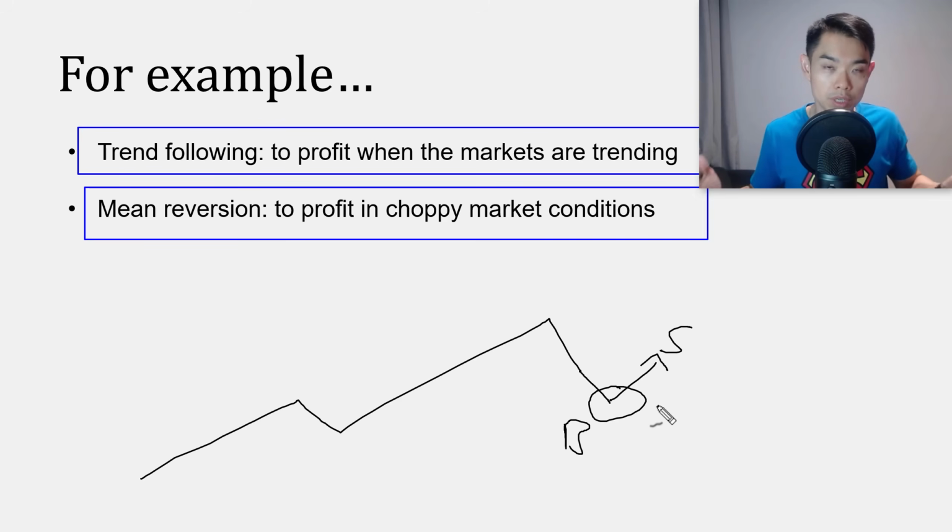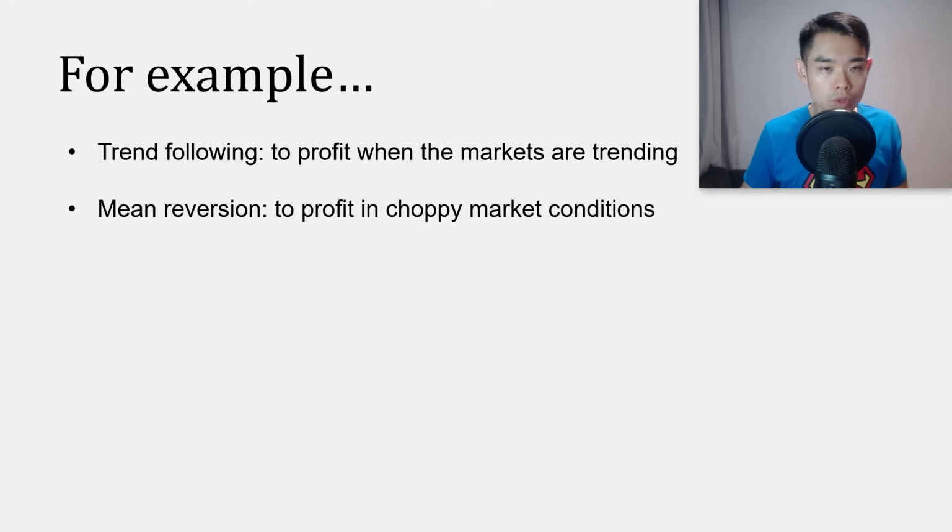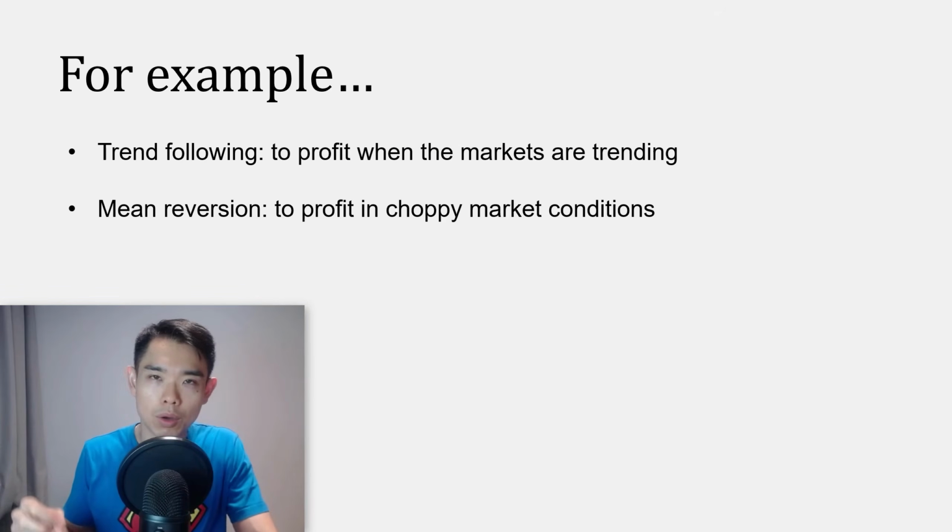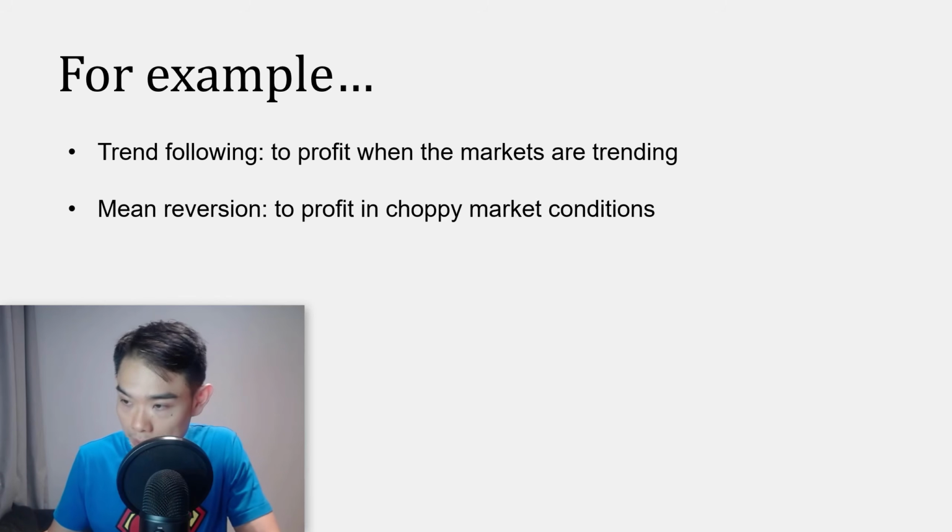So this is what mean reversion trading is about: buying low, selling high, or selling high and then buying back at a lower price. These are 2 different trading strategies, and none of them works all the time. They just simply work when the market conditions are favorable to them.